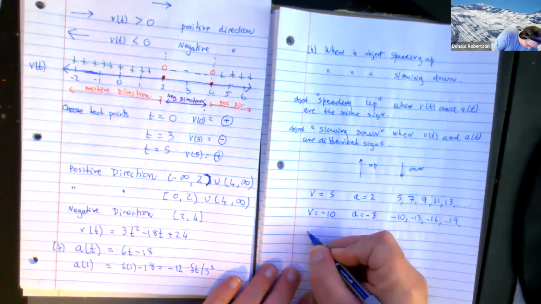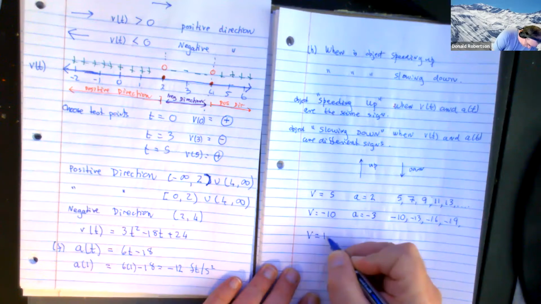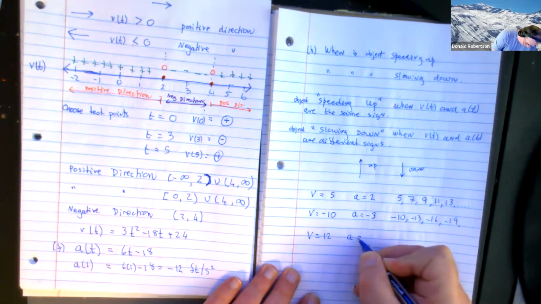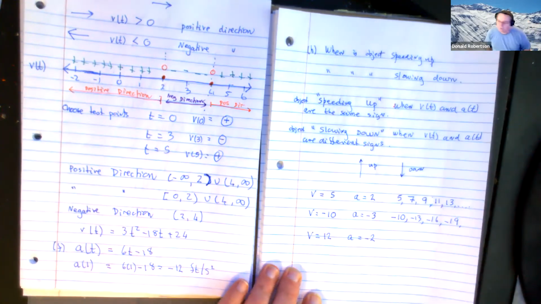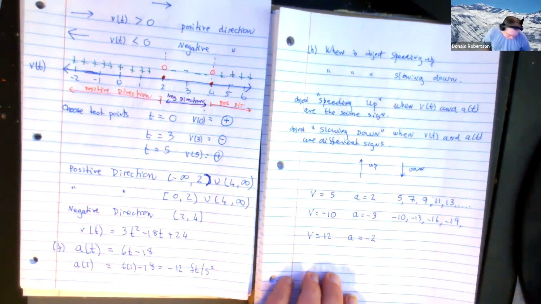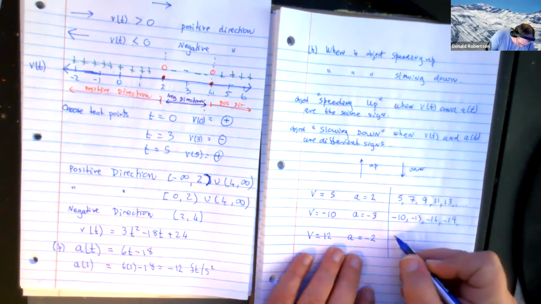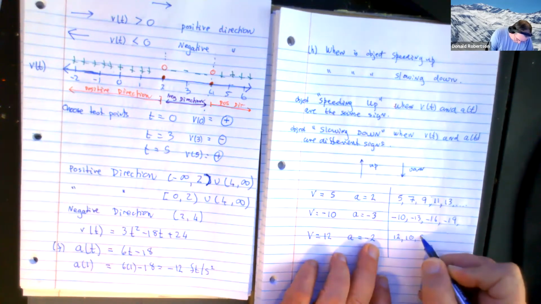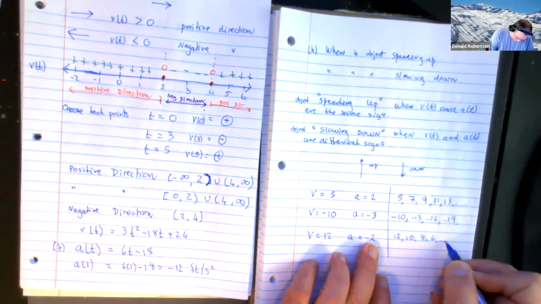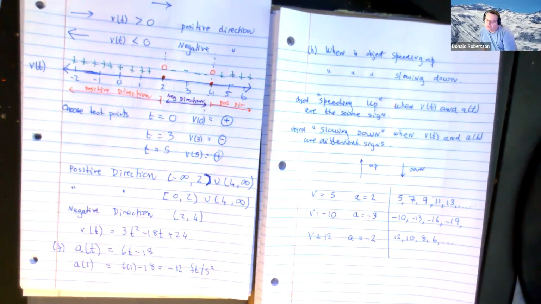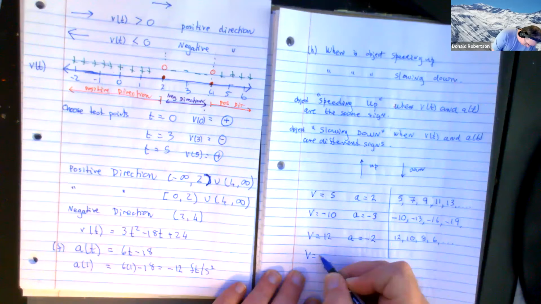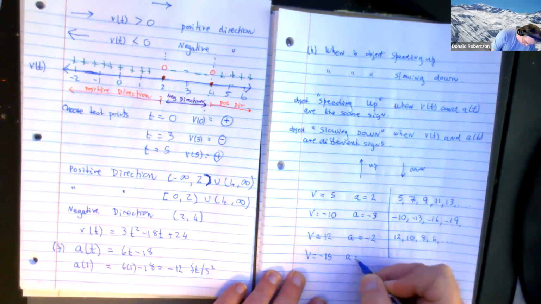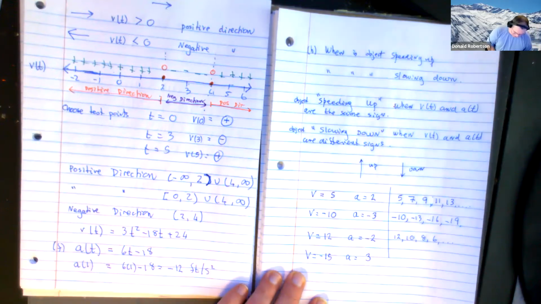Suppose you had a velocity of 12 and an acceleration of -2. Let's look at what the journey would look like. You start off at 12 and then you take away 2, then you take away 2, and then you take away 2. Would you agree that thing is slowing down? Now, suppose you had a negative velocity, like -15, but a positive acceleration, say 3.